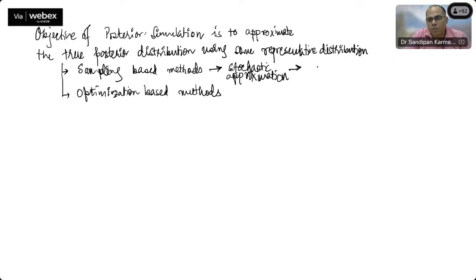Now here we saw rejection, importance, then Metropolis, then the whole Markov chain Monte Carlo comes into picture. Rejection and importance sampling are not generally considered under Markov chain Monte Carlo because they don't have this particular stochasticity nature.